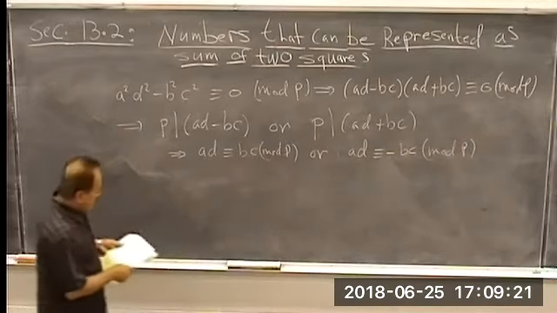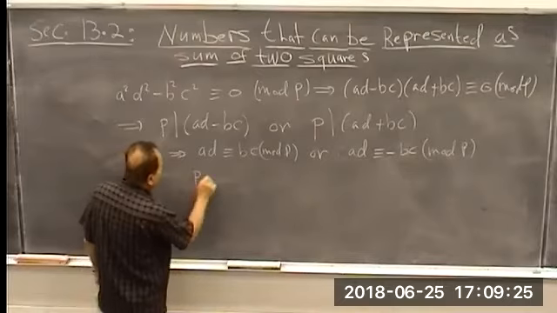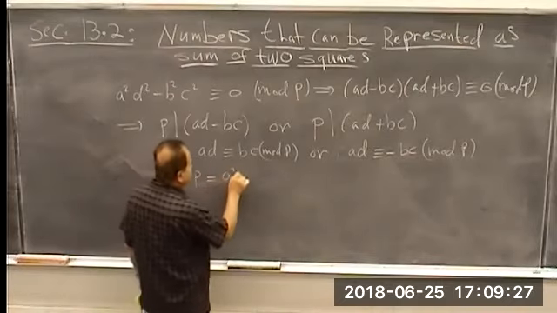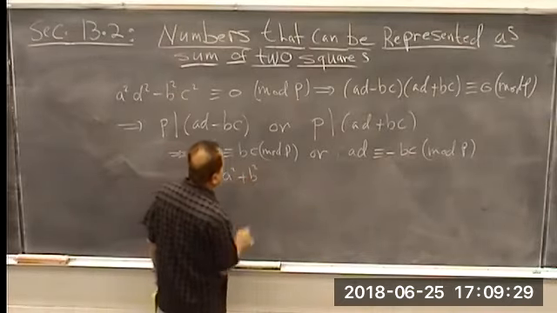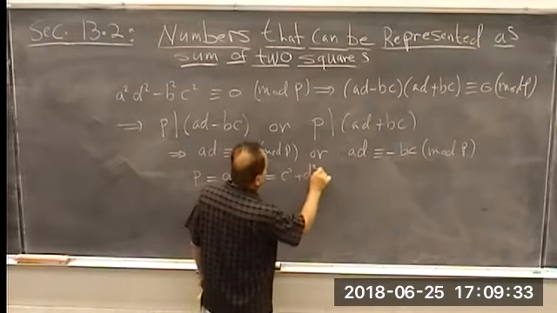All right, now we know that P is equal to, say, A squared plus B squared, and at the same time equals C squared plus D squared.